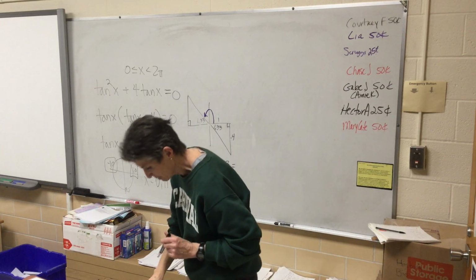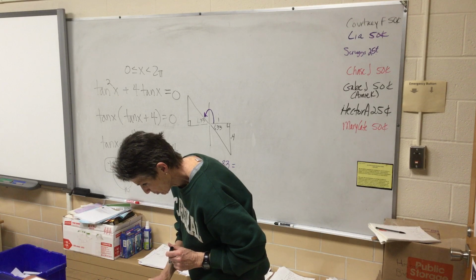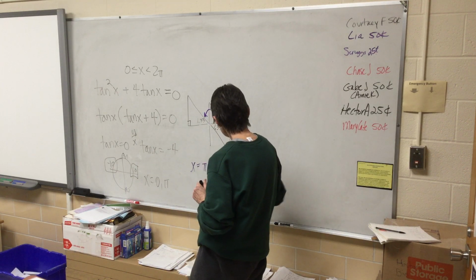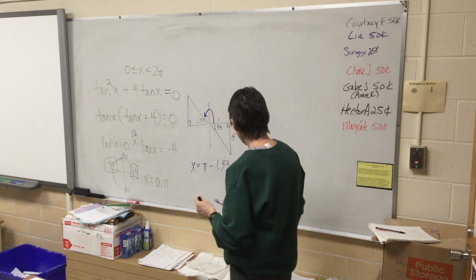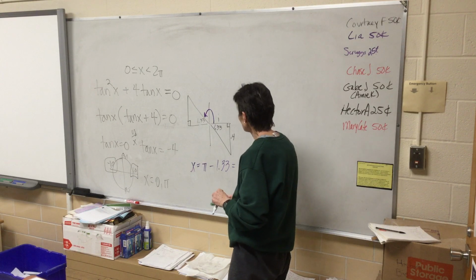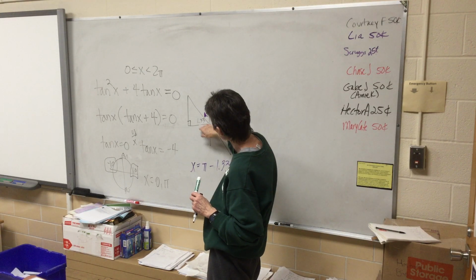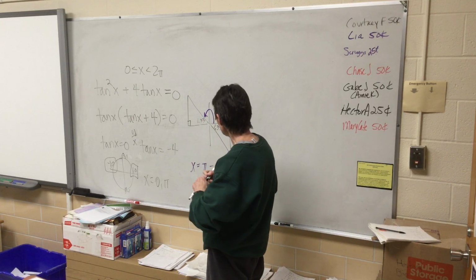Yep, that's exactly what I want to do. So pi minus 1.33 is 1.81. So one of my answers, the purple one, is 1.81. If that were a degree measure, you take 180 minus it. Well, it's a radian measure, so we take pi minus it.